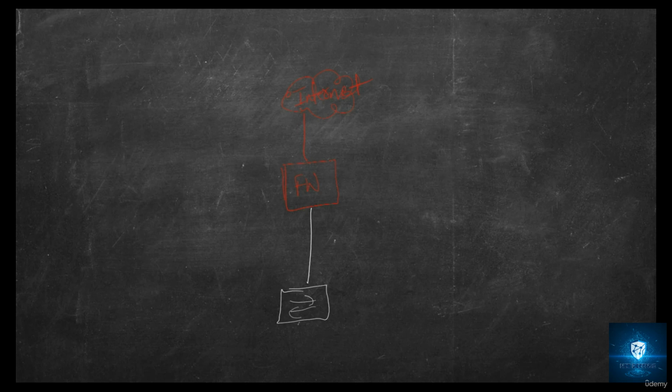This is a switch, this is your internal network, or you can say the trust. This is the trust zone. And these interfaces will have IP addresses. This will be a different subnet, and this will be a different subnet.